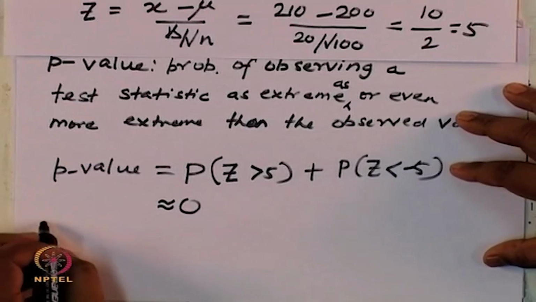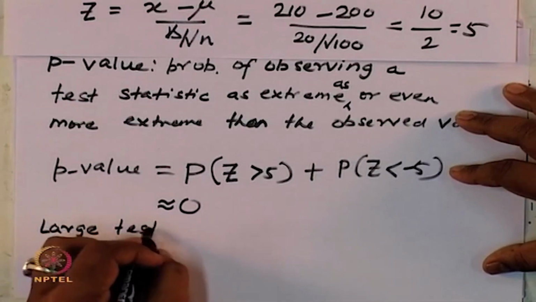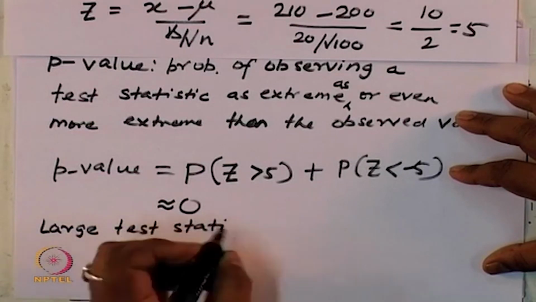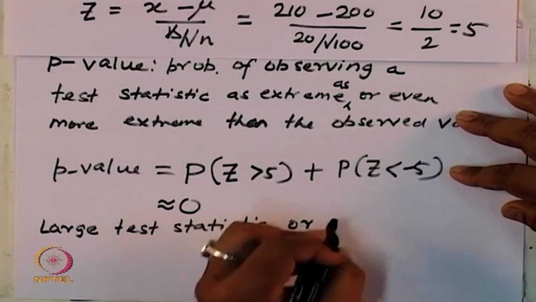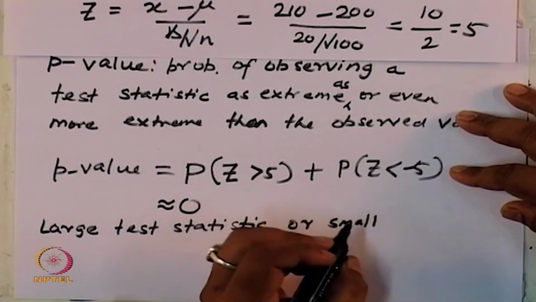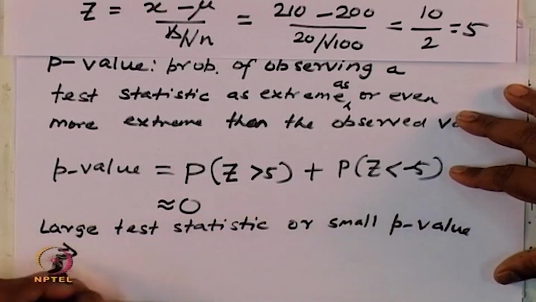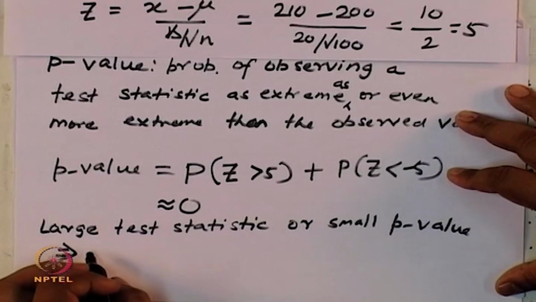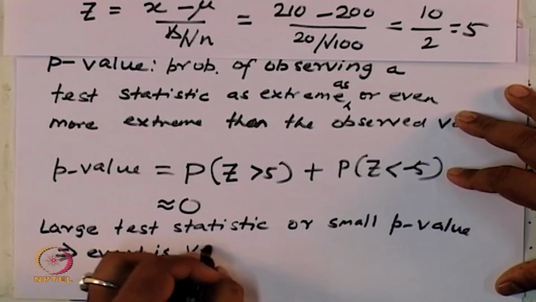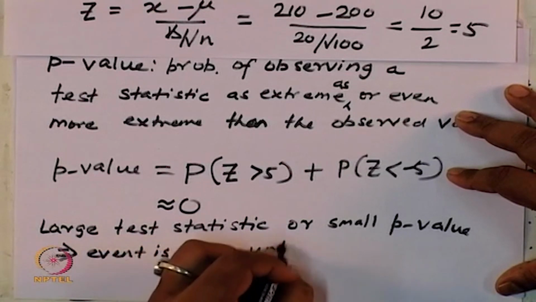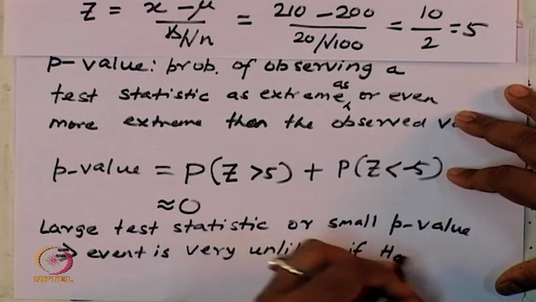So if you have a large z value, a large test statistic, or a small p value, it would indicate that the event is very unlikely if H naught is true.